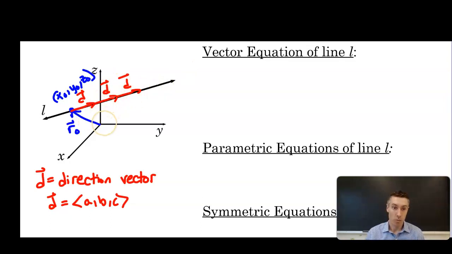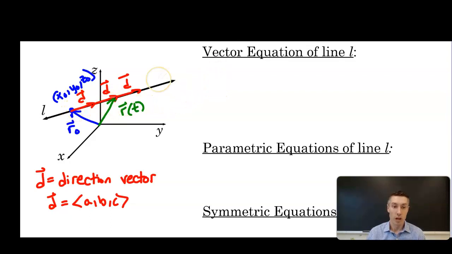And for instance, let's just draw one of these in. So here we'll have vector r of t. And t is some scalar, how many times we use the direction vector, right? So this would be r of 2, let's say. So it's r sub naught plus 2 direction vectors.